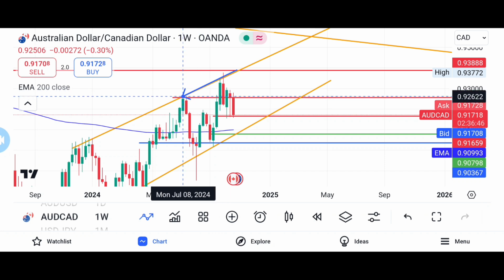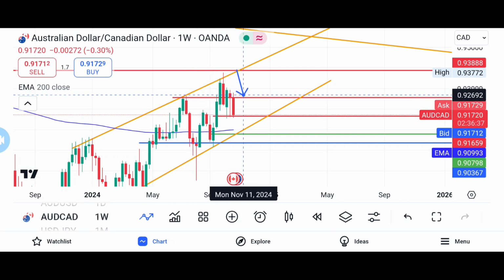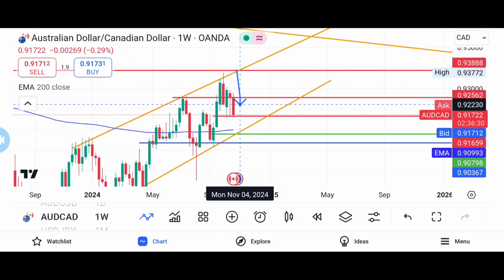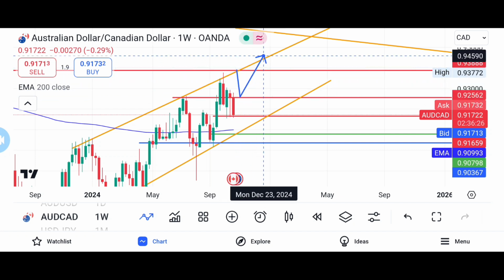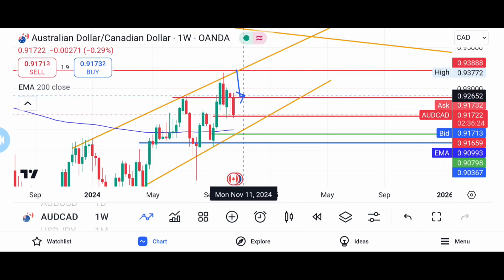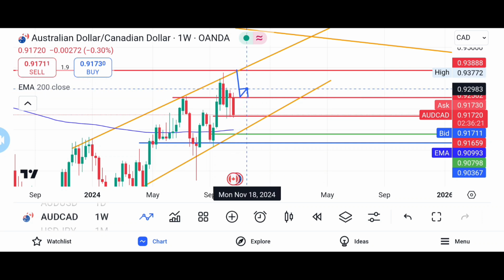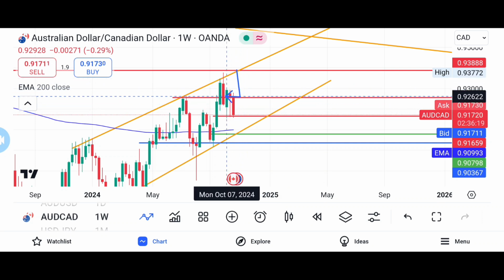Once the resistance is broken, we expected it to become support. We expected the price to retrace back and then continue to buy, but rather the price went deeper.